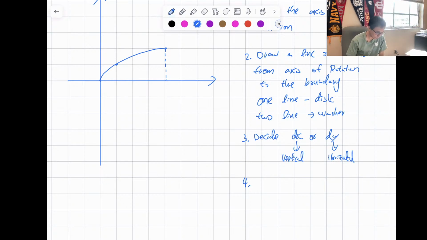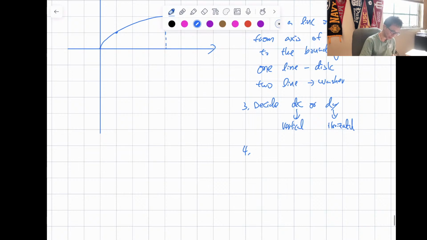Okay, so one thing I will probably make sure of is the correct boundaries. What I mean is I could be using a y bound rather than an x bound.